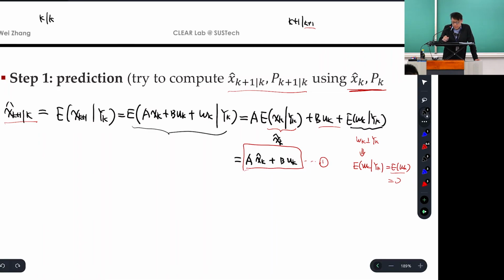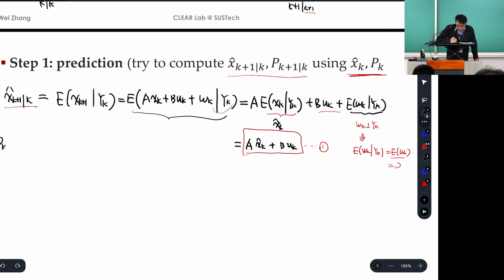Why can I break this? That's the property of expectation, and the conditional expectation is expectation. You don't need to be confused by those given things. It just tells you the density function is not the one without the condition. It's somehow changed. You just need to use the right density function. Everything becomes a plain expectation.